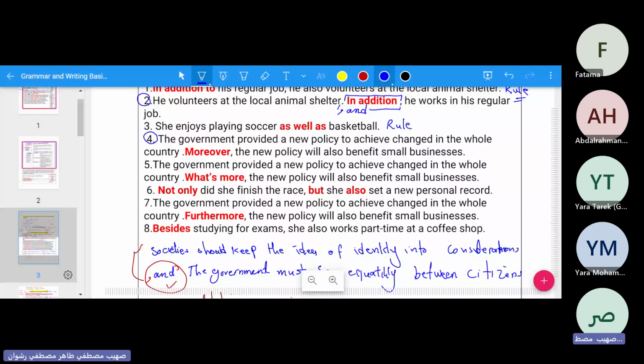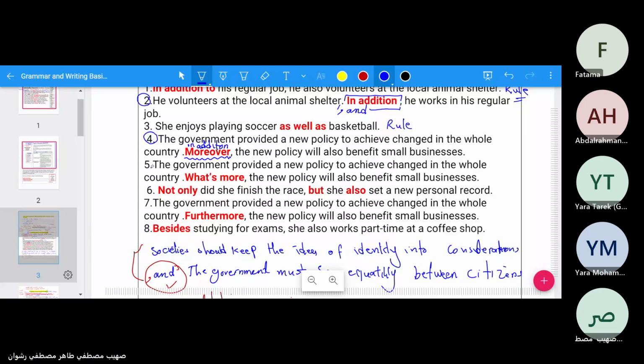Businesses here mean companies. So here we used what? We used "moreover" in the same use as "in addition". So in this sentence, we can use "in addition" similarly.